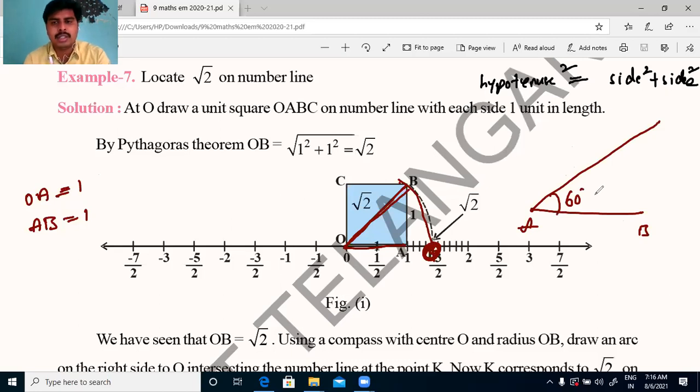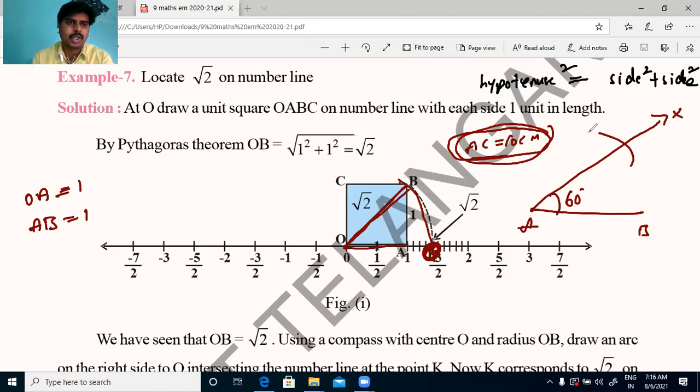Suppose this is a construction of a triangle, and AC is equal to 10 centimeter. Then how do we represent 10 centimeter on this line AX? Just by taking 10 centimeter length, we draw an arc on this AX, right?